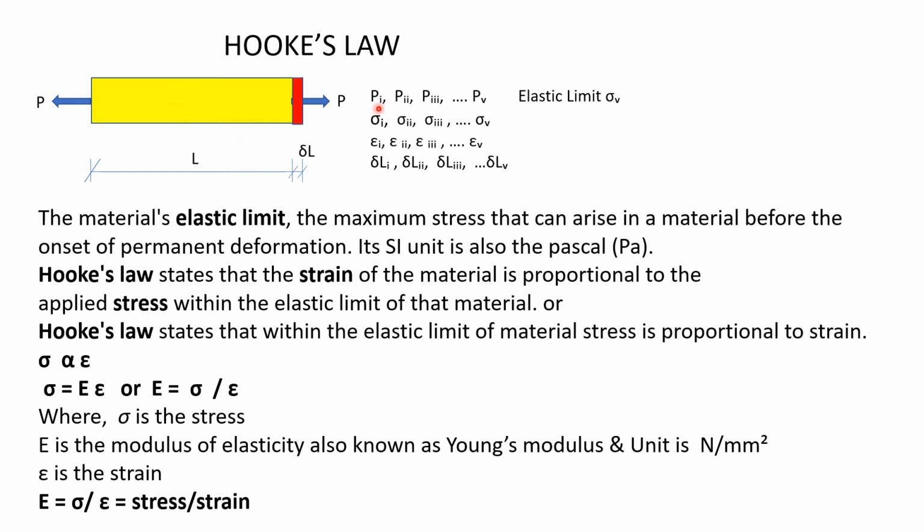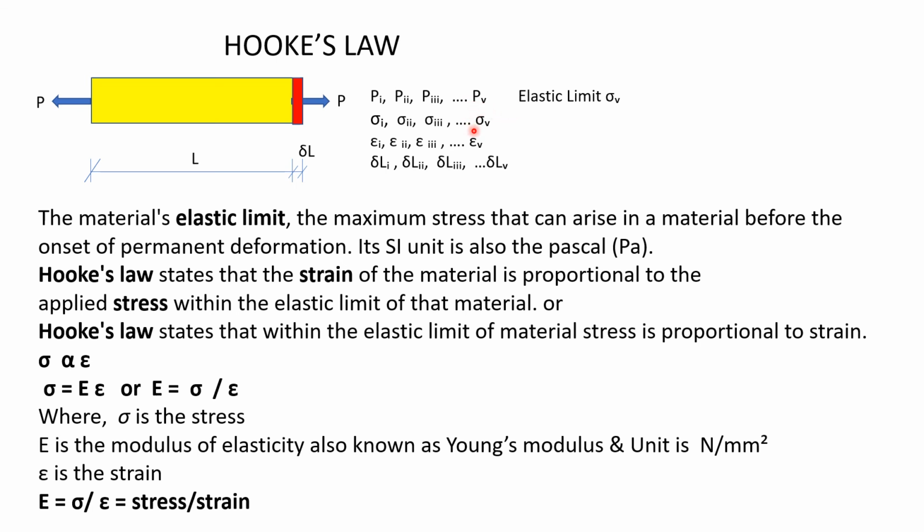So initially when I am increasing P1, P2, P3, this body will behave elastically, and it will regain its original length if I remove the applied force, up to the point PV and the stress sigma V.